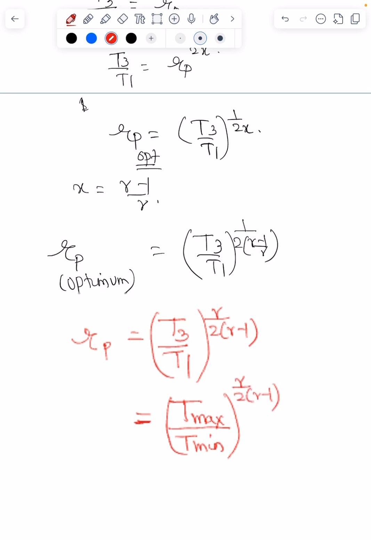This expression you must remember. It is going to give you the optimum pressure ratio for the maximum work output from a gas turbine power plant. I hope this is clear to you.